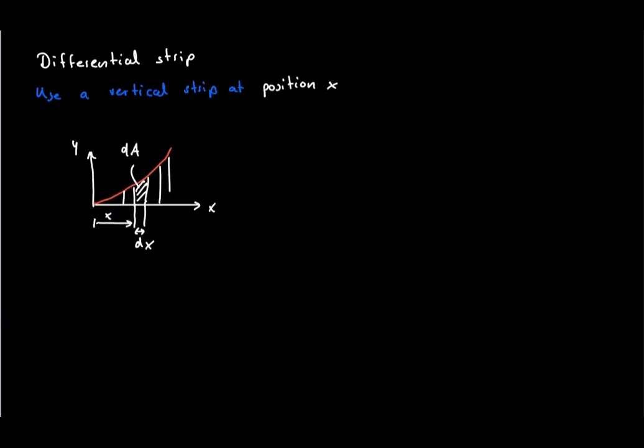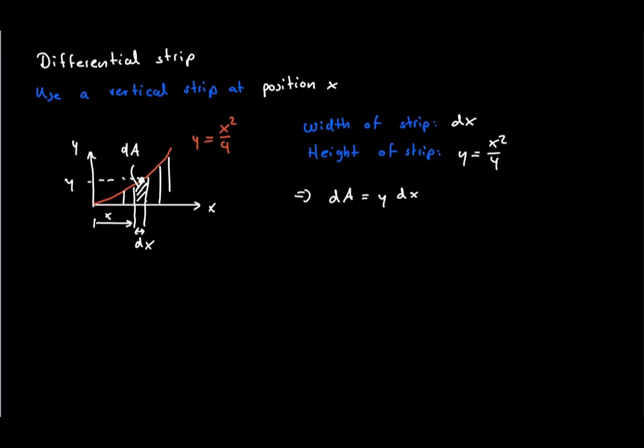For our parabola, vertical strips are particularly convenient. Consider one very thin vertical strip at position x. Its width is dx, and its height is given by the parabola, which is x squared divided by 4. Therefore, the small area dA is x squared divided by 4 times dx.